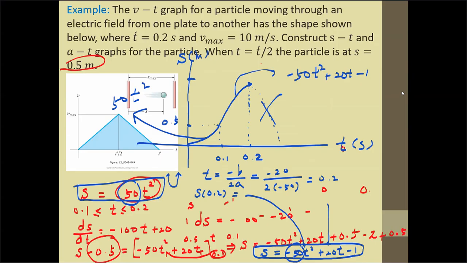Does it make sense? Okay, so for the erratic motion, find the function form for the different time interval. Probably on your test the function form would be given, but otherwise from the graph, from the diagram, you need to find the function form. Okay?